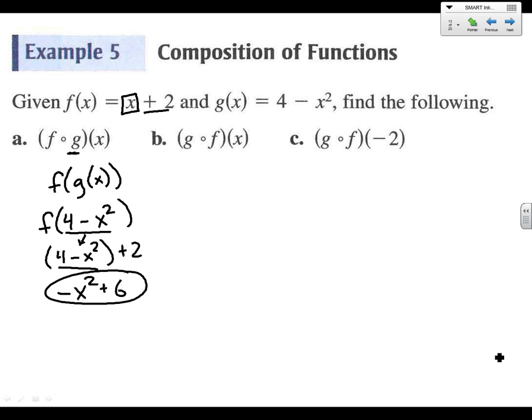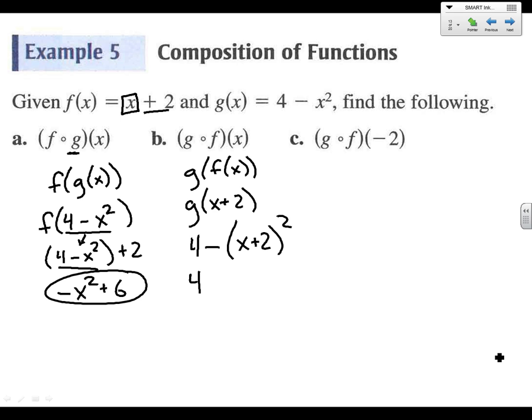All right, let's flip it around and see what happens when we go the other way. G of f of x. So that's g of whatever the f function is, x plus 2. Normally g says 4 minus x squared. Instead of x, we're going to use x plus 2.